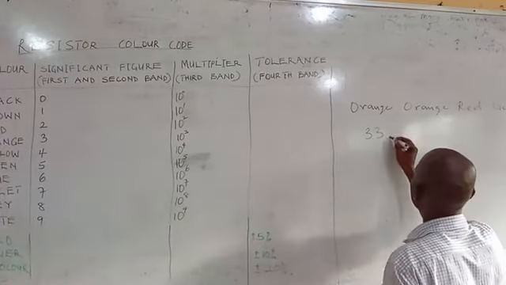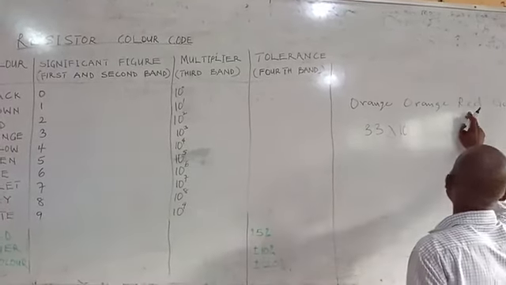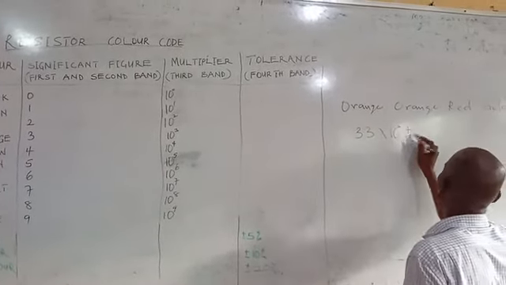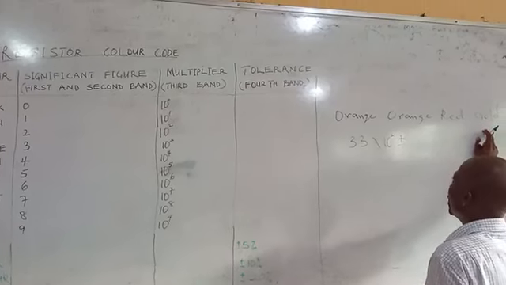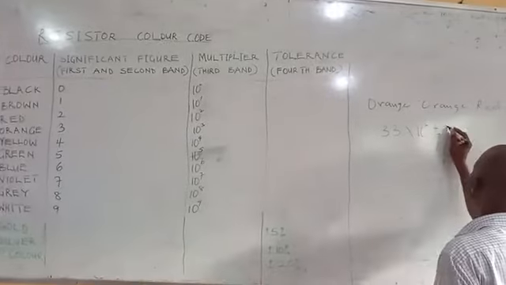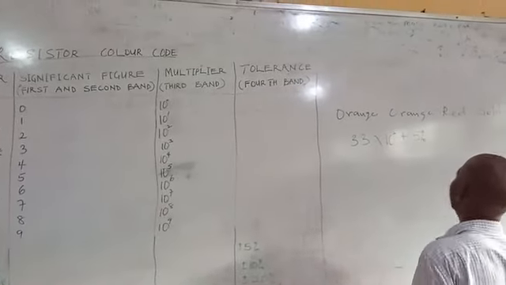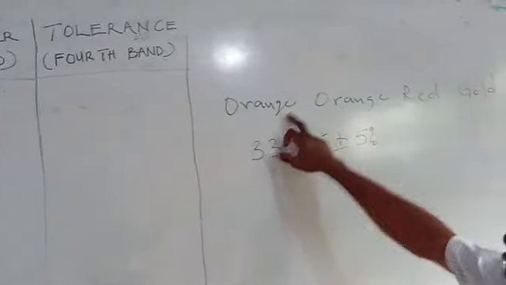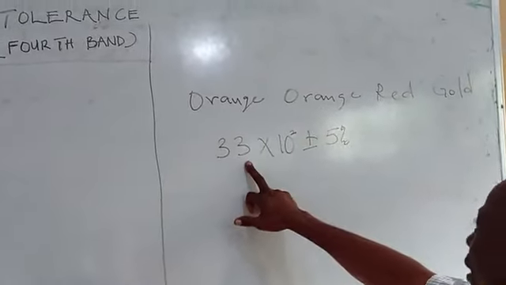Multiplier. That means times 10 raised to power, and red is what? 2. So it will be 2. Plus or minus, the fourth one is what? The tolerance. And gold is what? Gold is 5%.